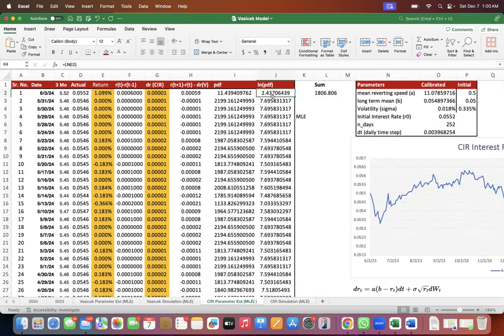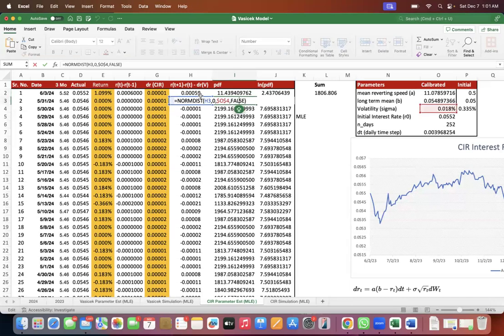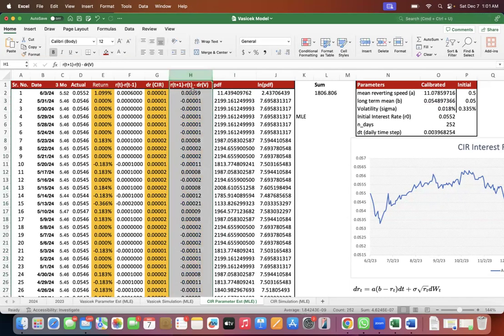But if you look at the implementation piece, this is how it's been implemented. You might be thinking, why do we take the PDF, or the log transformation of the PDF? I'm just trying to make sure you understand this concept because this is very important. We are saying that this residual, which is the difference between the actual interest rate and the model interest rate using the CIR model, is normally distributed.